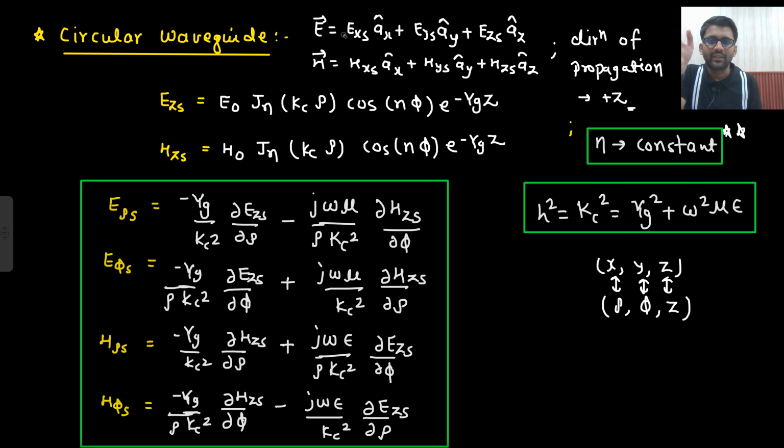Here I made one mistake. Which mistake? Here I was writing Exs and Hxs. No, it will be E rho s and E phi s, and H rho s and H phi s.